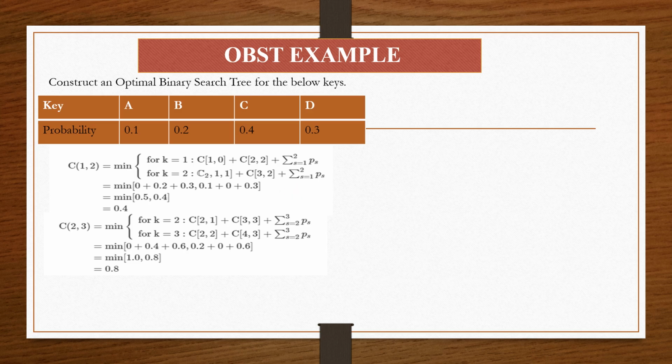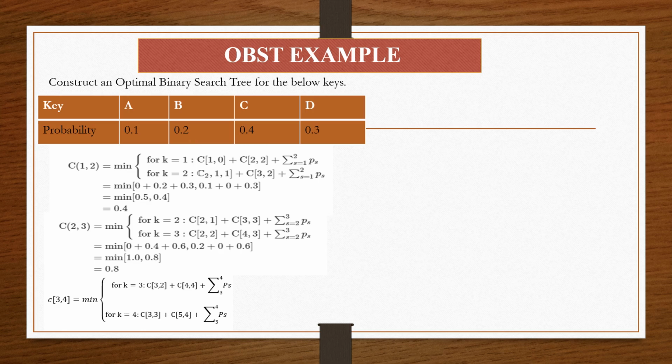Meaning I am taking two values i and j as 1 and 2, and the probabilities of 1 and 2 are 0.1 and 0.2. So in this summation I will be adding 0.1 and 0.2.